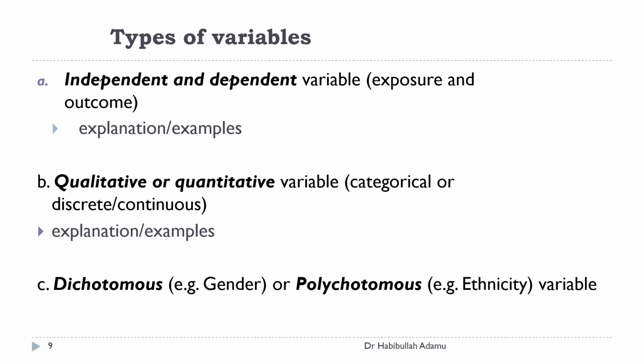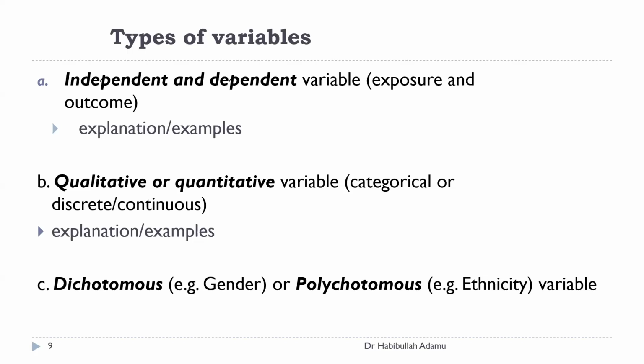Since we understand what the variable is, now the types, because they are the ones that are commonly encountered. During analysis, you need to know which one you are dealing with, especially dependent and independent.